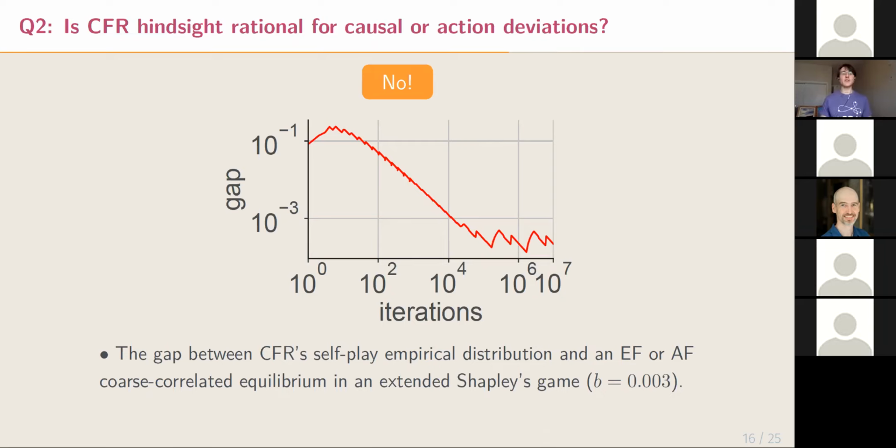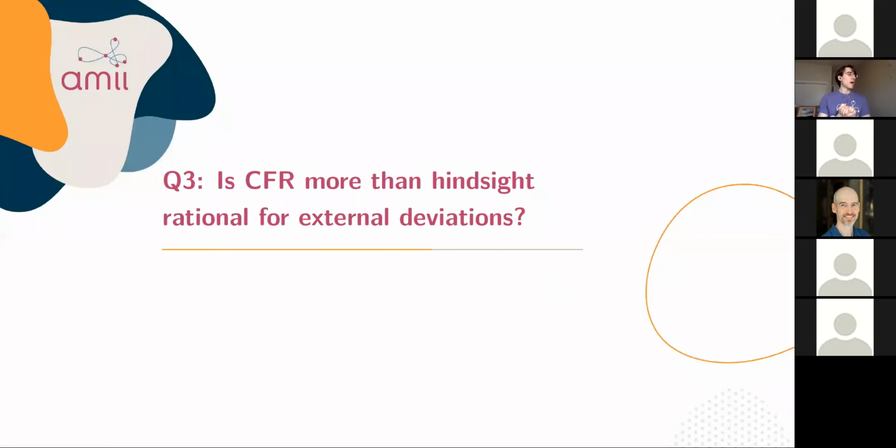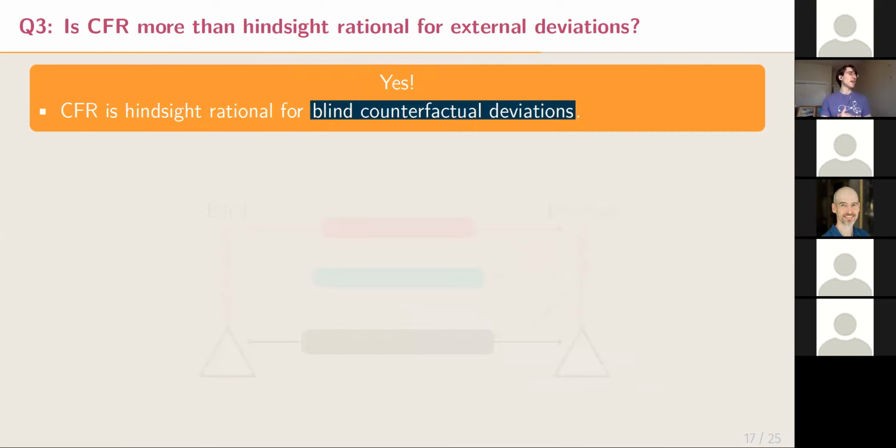So we know that CFR isn't hindsight rational or no regret for either the causal or action deviations. But is CFR doing something else, maybe, besides being hindsight rational for the external deviations? This was the property that makes it useful in two-player zero-sum games. And the answer is yes, actually.